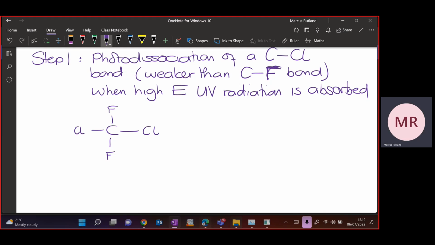Pause the video. I want you to just do a mechanism for that step. What does photodissociation of a C-Cl bond look like in terms of curly arrows, and what would be produced as a result? Okay, so we're breaking a C-Cl bond. That means we need to have electrons coming out of it.